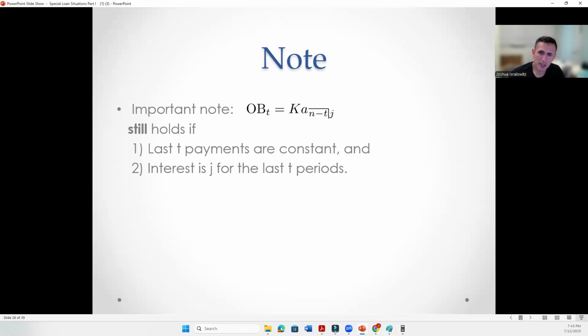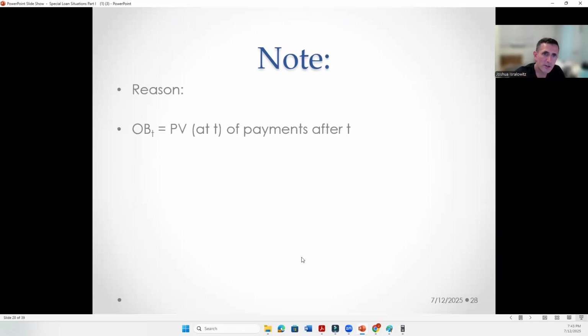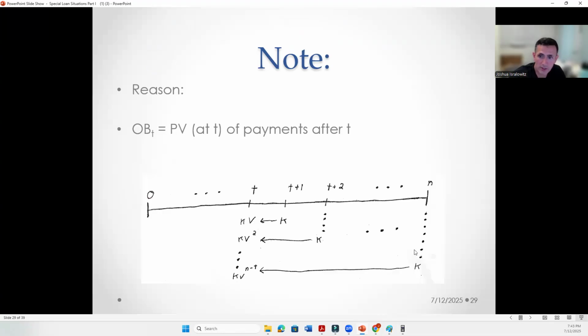Right? And the reason is the following. Well, the outstanding balance is still the present value of all these constant payments with constant interest rate J. So V is just 1 over 1 plus J here.